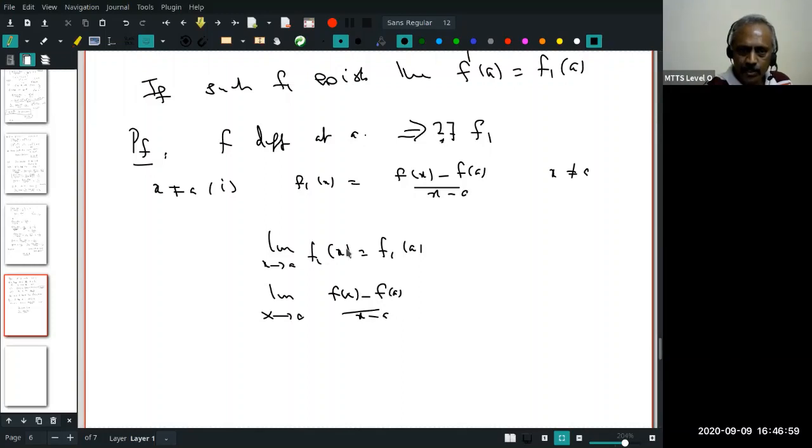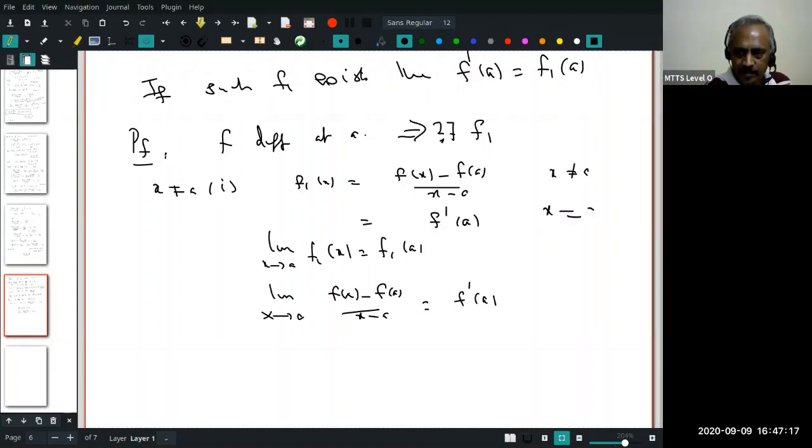But what do I know about f? f is differentiable at a. Therefore, as x tends to a, (f of x minus f of a) by (x minus a) exists and is equal to f dash a. Do you understand? Therefore, how will I define f1 of a? f dash a if x equals a. Please spend some time. This is not the way your teachers will explain. I am actually deducing what should be my f1. Is this clear?